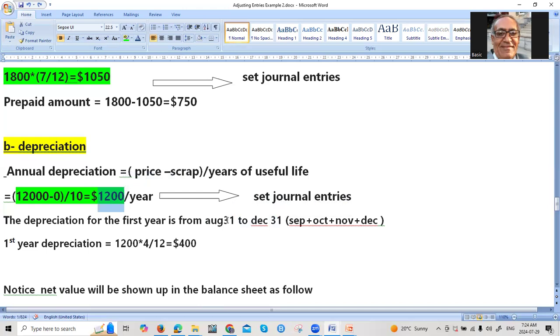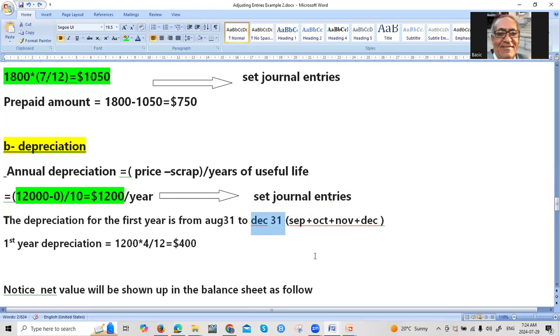But we bought the car on August 31, which means almost September 1. So in this year, we shouldn't calculate for 12 months, which is 1,200. No, we have to calculate only for the period between August 31, when we purchased the car, until the end of the fiscal year, which is December 31.